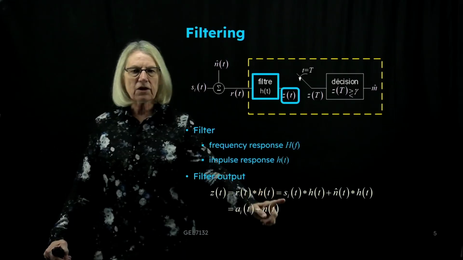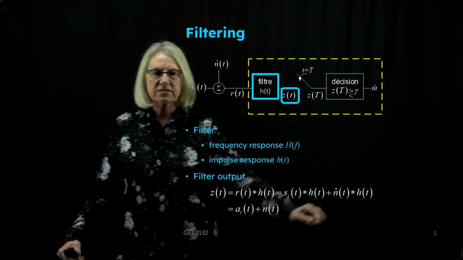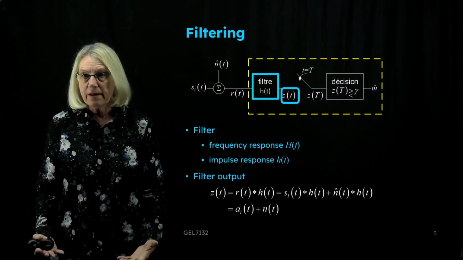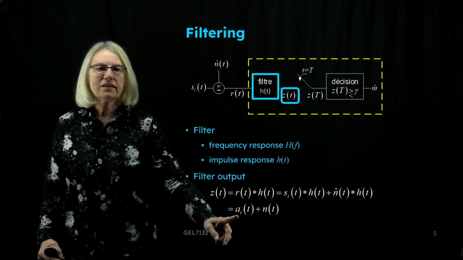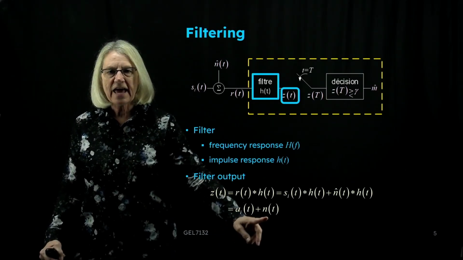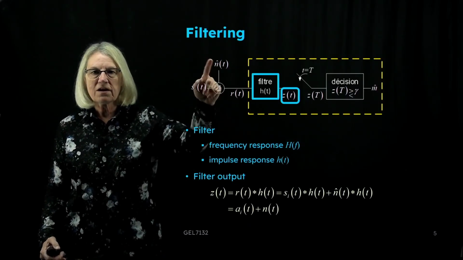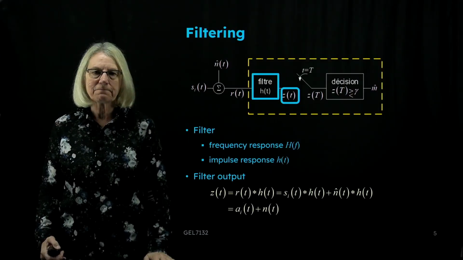And so we see here we have the signal convolved with the impulse response, and we have the noise convolved with the impulse response. So we're going to give names to these different contributions. We're going to call AI the contribution which is coming directly from the signal being filtered, and N of t, which is the noise which is filtered. So we have here an additive white Gaussian noise, and here a filtered version of that.